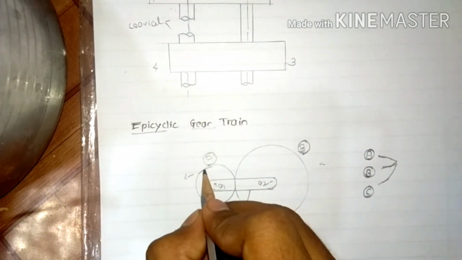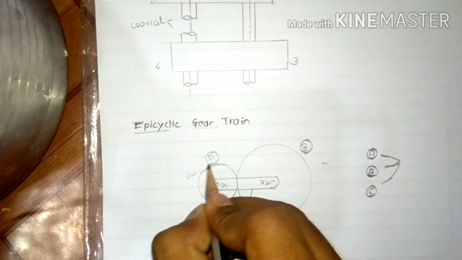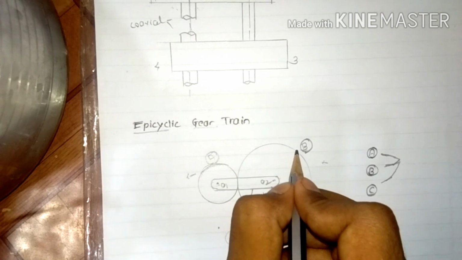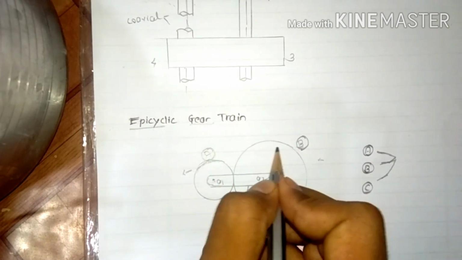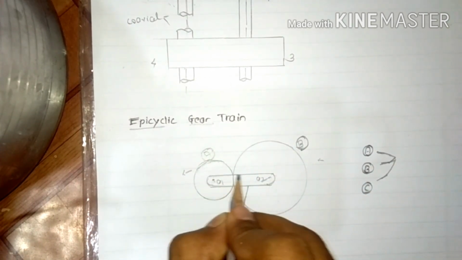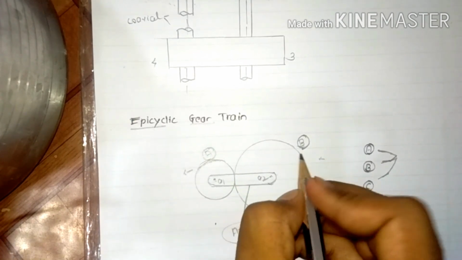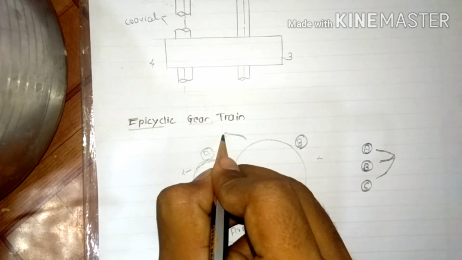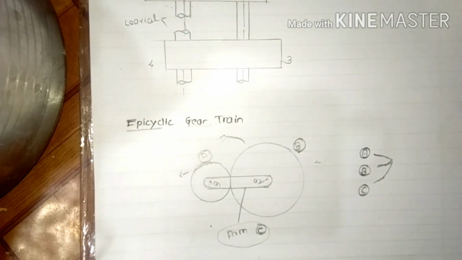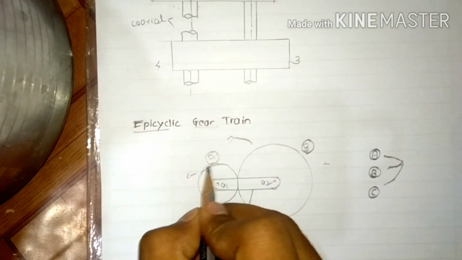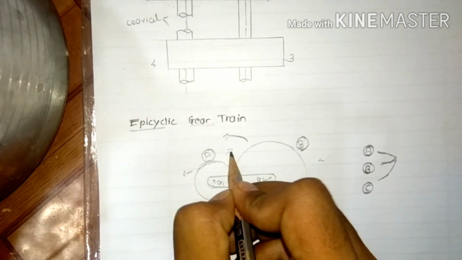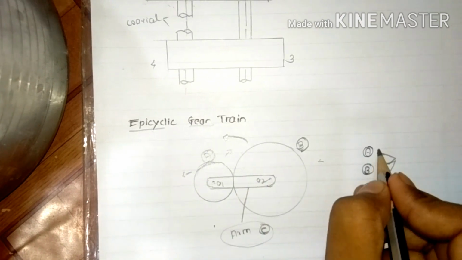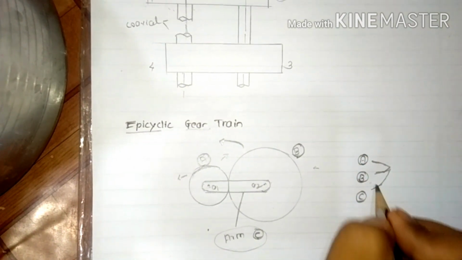That is, if we fix this gear, that is gear A, then the arm will rotate around this, and because the arm is attached to O2, that is gear B, gear B will take a motion around gear A. And if we fix the arm, then gear A will take a motion around gear B. That is, we have to fix one of the three elements in order to transmit the motion.